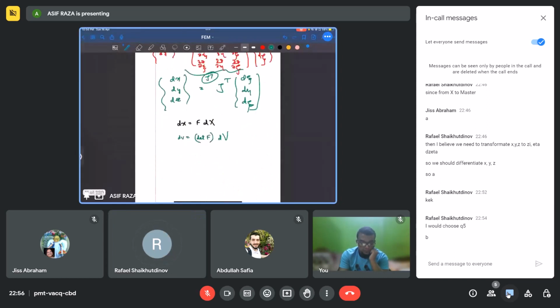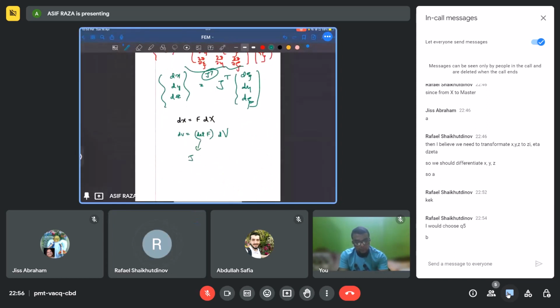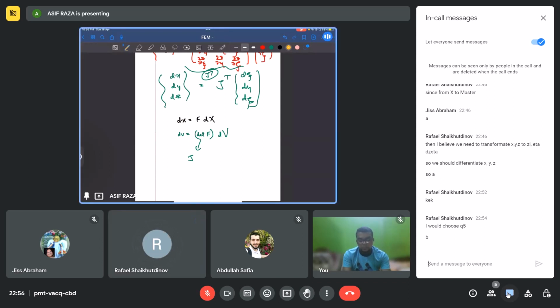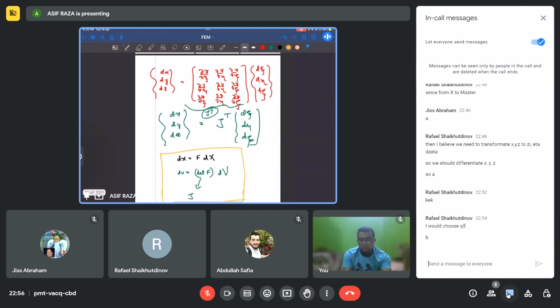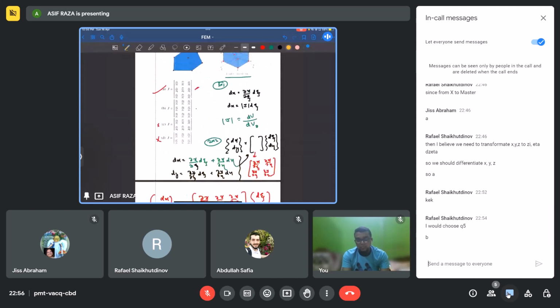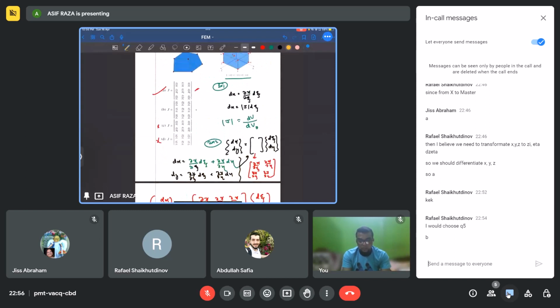Yes, please look at this because it will be helpful. I myself was still concentrating on this. That's why I try to remember that the Jacobian is a ratio of volumetric deformation, deformed volume upon original volume. That's the way I try to remember.